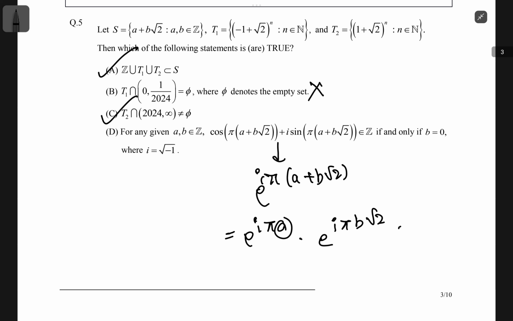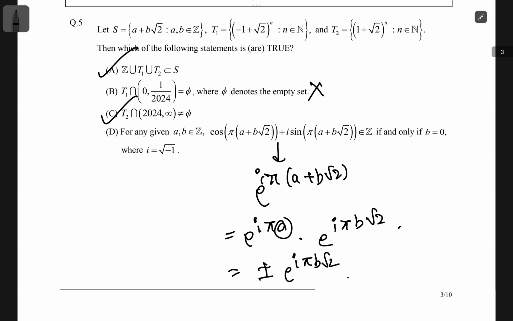For a belonging to Z, this part is just going to be oscillating between this and this, so for 1 it would be here, for 2 it would be here, then 3, 4, and it would go on. So I can just write it as plus minus e power iota pi b root 2.